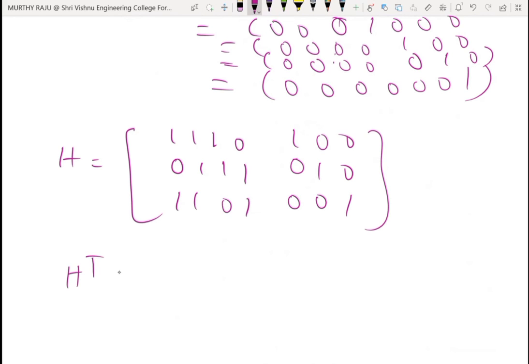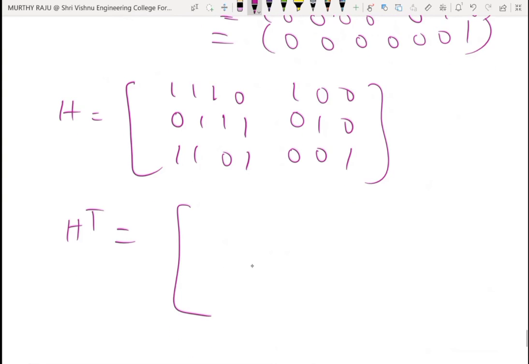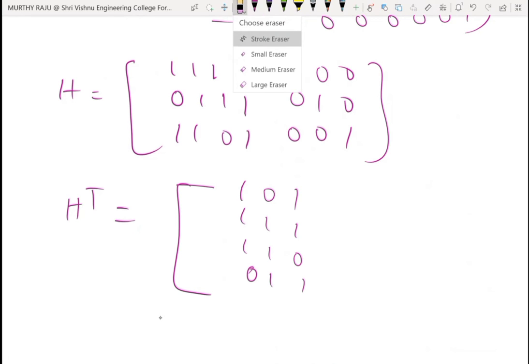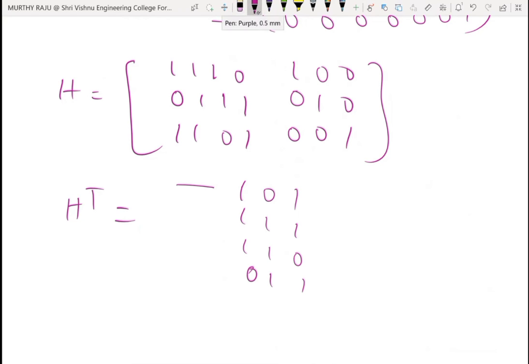Therefore, the H transpose value is obtained when rows and columns are interchanged: 101, 111, 110, 011, 100, 010, 001.